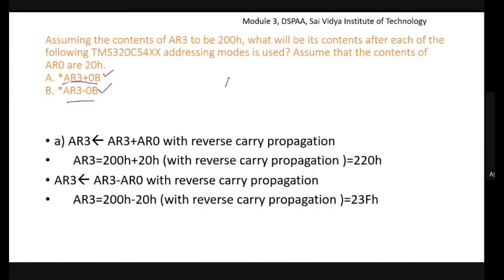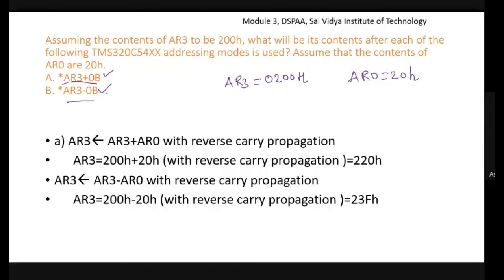Assuming AR3 is equal to 0200 hexadecimal, what will be the content after each of the following instructions is executed? Given AR0 is equal to 20 hexadecimal. Since it is addition with the index register AR0 and later performing the bit reverse operation, the instruction execution will go like this.